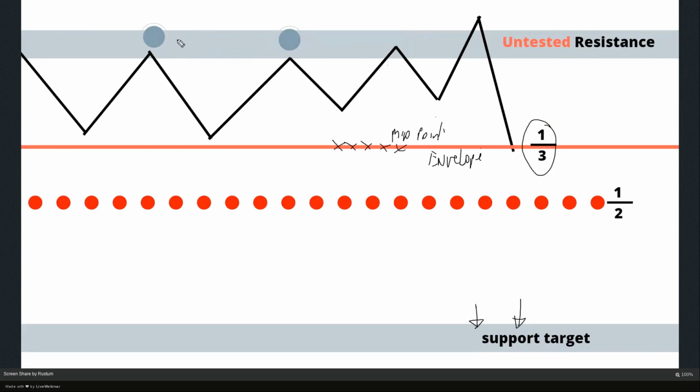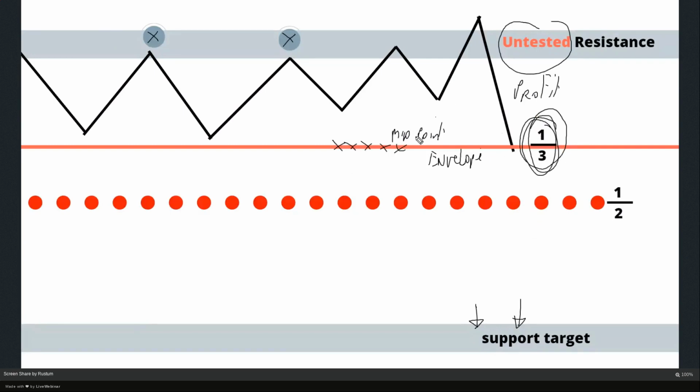So what we're talking about is the very first step, to qualify the level, which is to have at least these two touches, and it must be untested, which means that profits haven't been taken. We're only going to assume that profits are going to be taken at 1/3 of the way down.